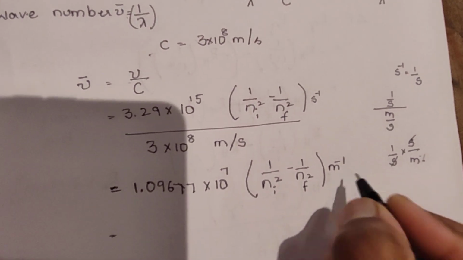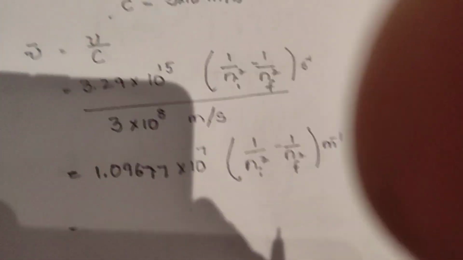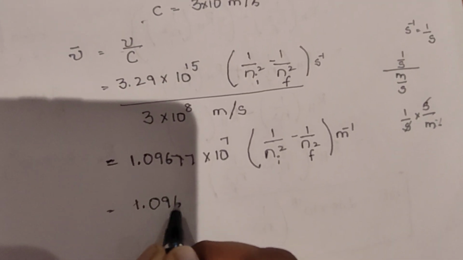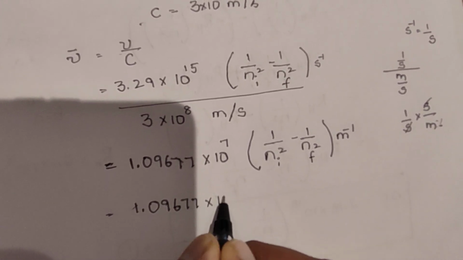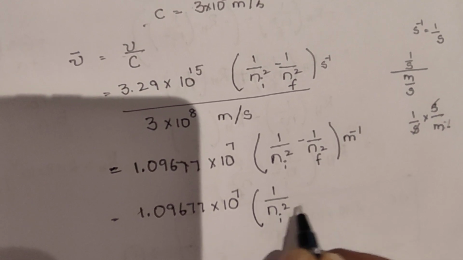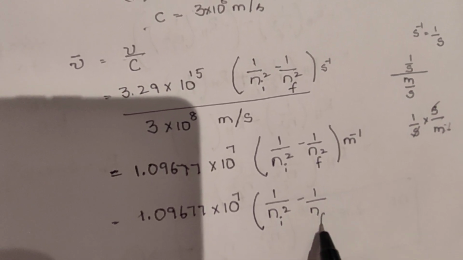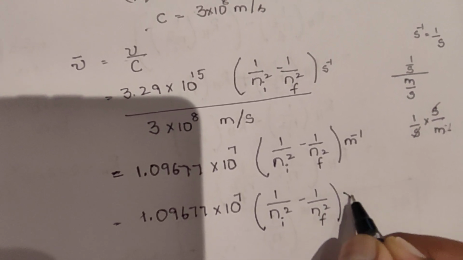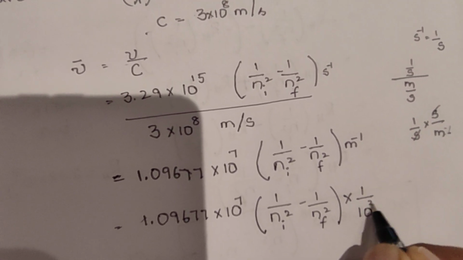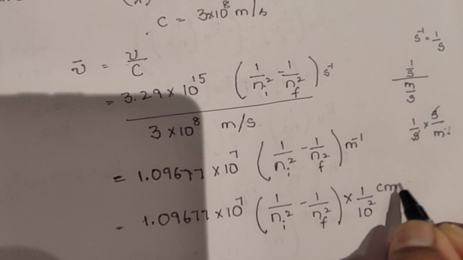If we convert meters into centimeters, we'll get 1.09677 into 10 power 7 into 1 by ni square minus 1 by nf square into 1 by 10 square centimeter inverse.